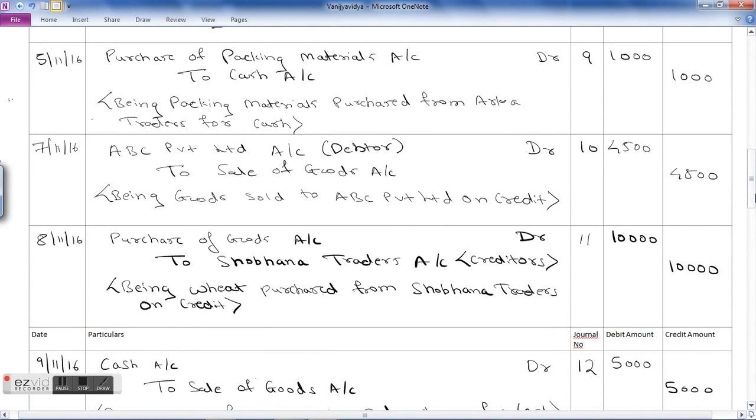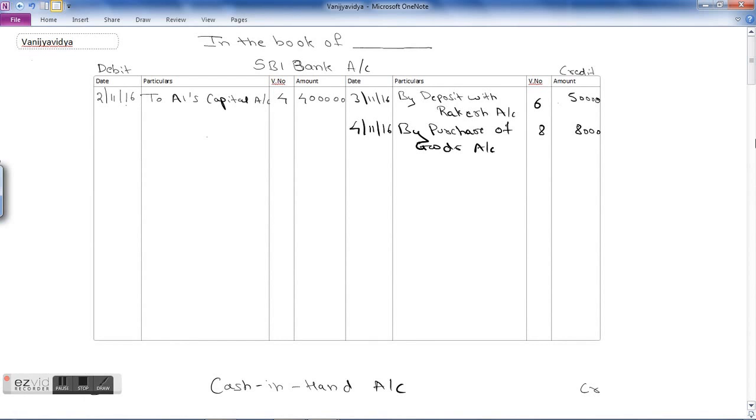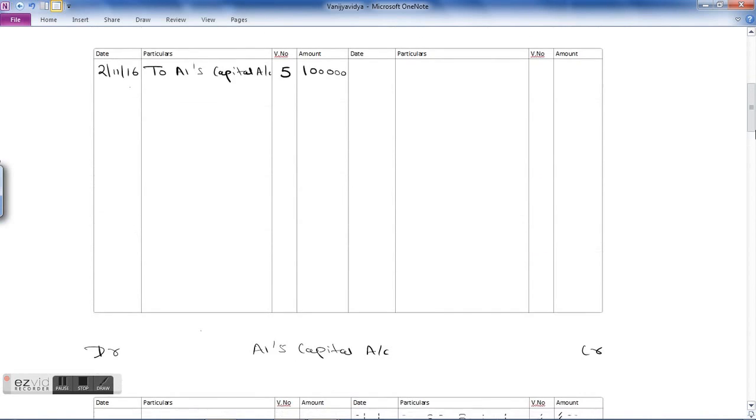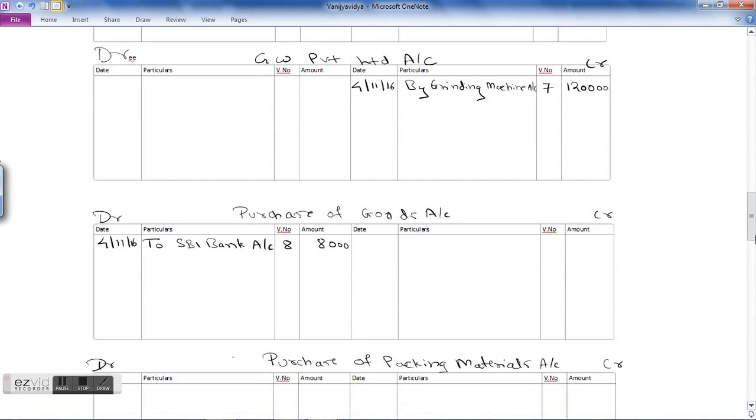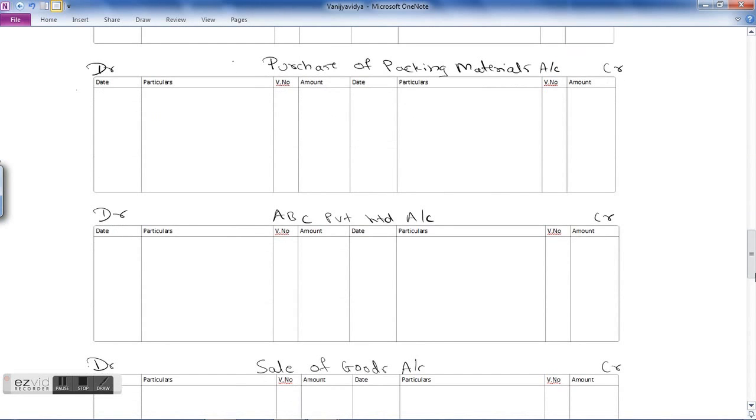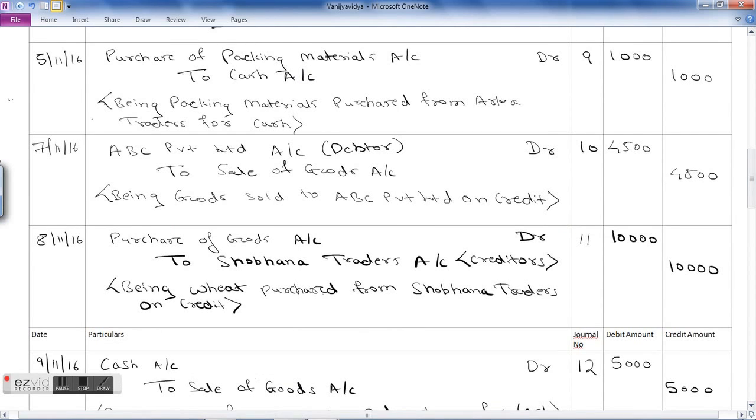Purchase of packing materials account debit to cash account, amount is 1,000. Okay, let's search purchase of packing materials account. So purchase of packing materials account debit side, we'll write 5/11/2016 is a date.